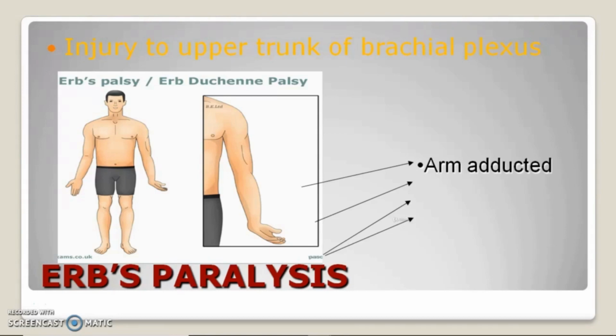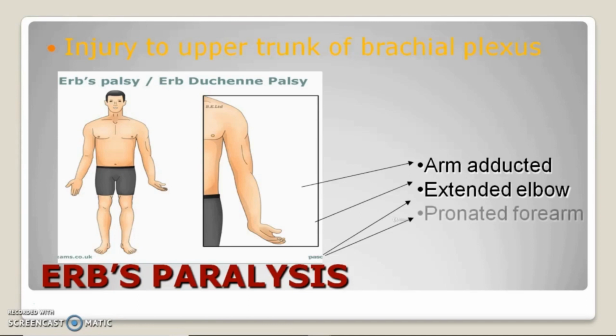You can make out here arm will be adducted close to our trunk, and then we will be having extended elbow. You can make out in this picture. Then we will be having pronated forearm. Forearm will be turned off. So pronation will happen for forearm, and then it is also medially rotated.